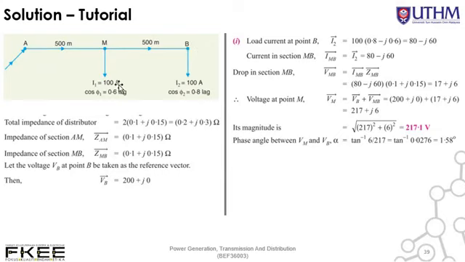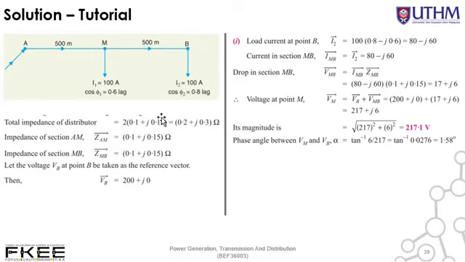This is the distribution system, the distributor. This distributor is 1 kilometer long. At the midpoint, which is 500 meters away from point A, is point M. We have a 100 ampere 0.6 lagging load, and at point B we have a 100 ampere 0.8 lagging load. Both loads are lagging.